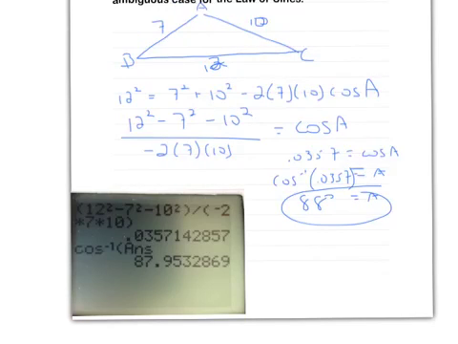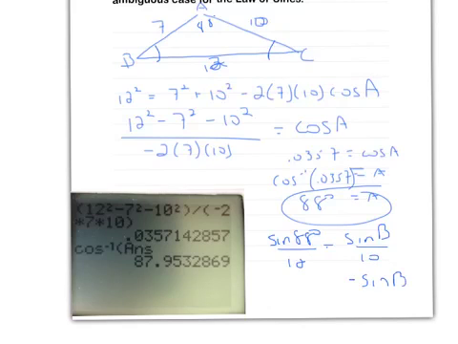Now that I have that angle A is 88 degrees, I can use my law of sines, and I can come up with angle B and angle C. Since I'm finding angles, once again, I'm going to put the angle on the top, and we'll find B first. It doesn't really matter the order. I have sine of B equals 0.833 approximately.